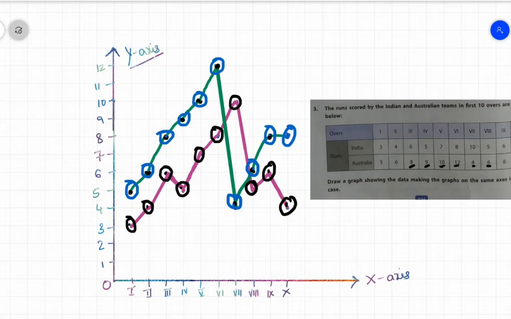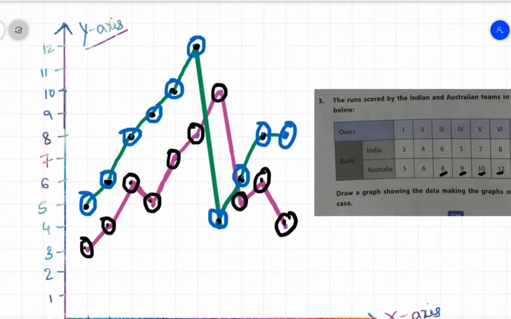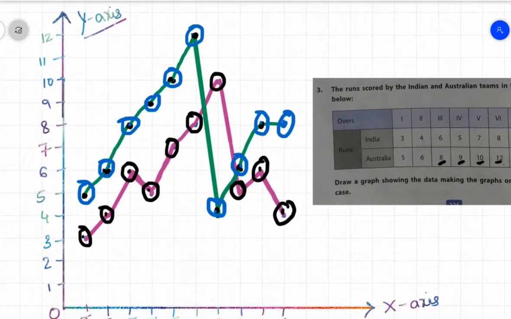So this way you have got the points, and then when you join the points you get the graph this way. You can see the graph of India as well as Australia.